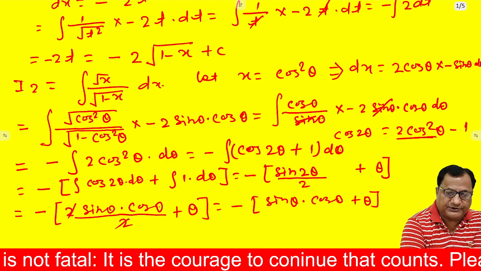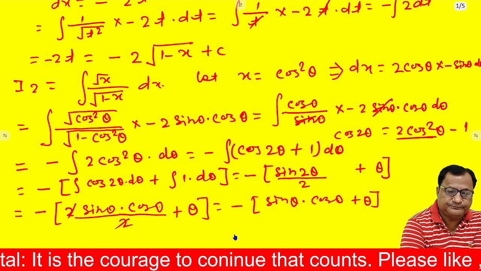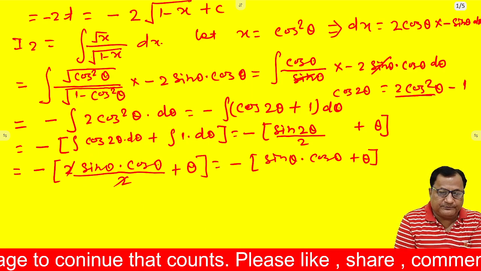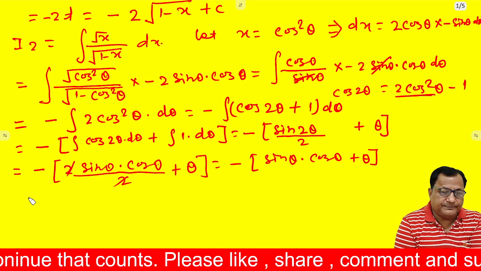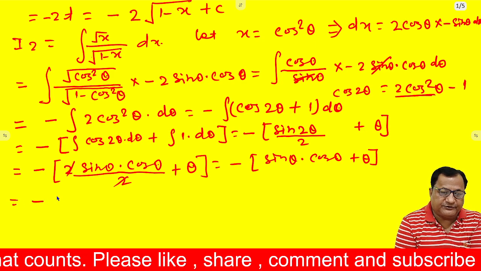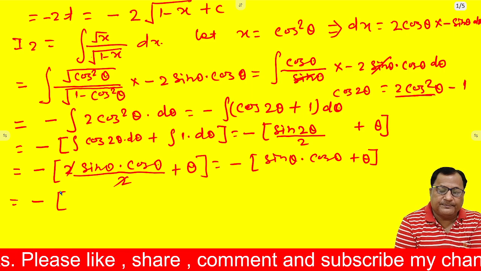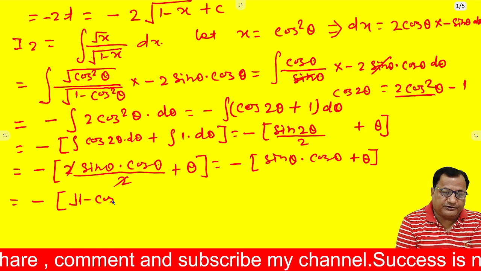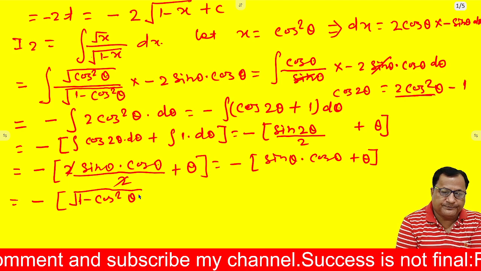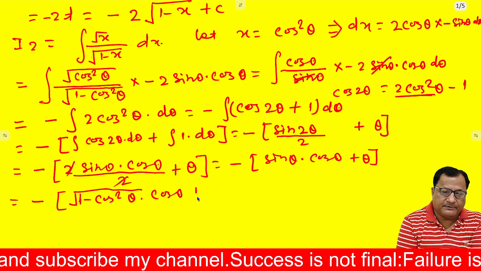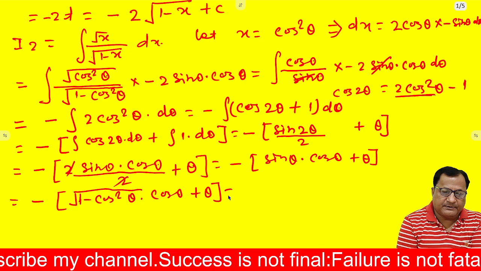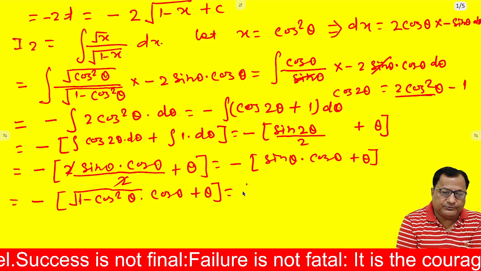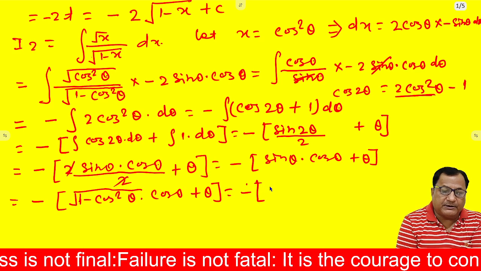Now we will put the value of theta here. Sin theta we can write as root of 1 minus cos square theta, into cos theta, plus theta.